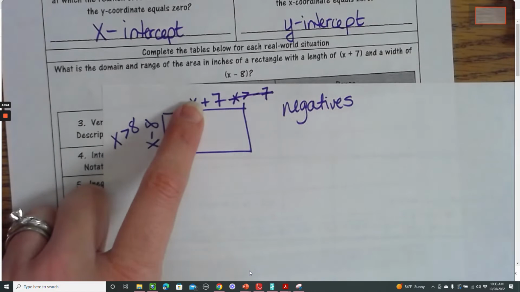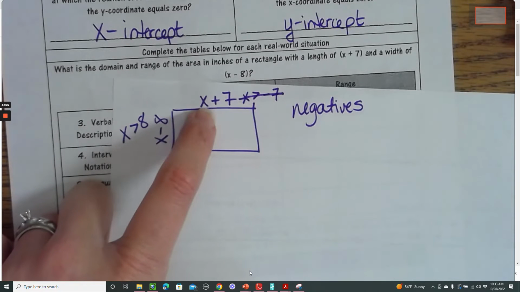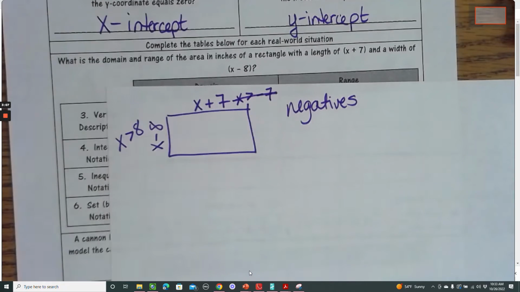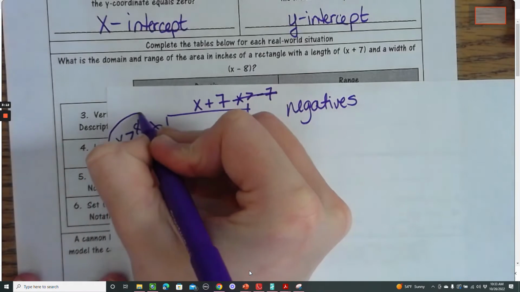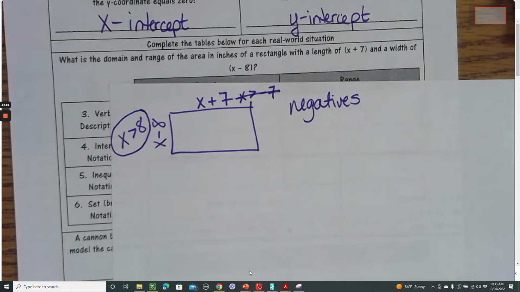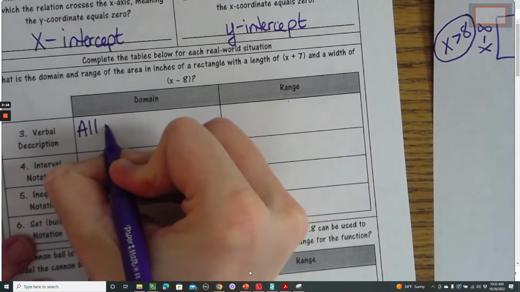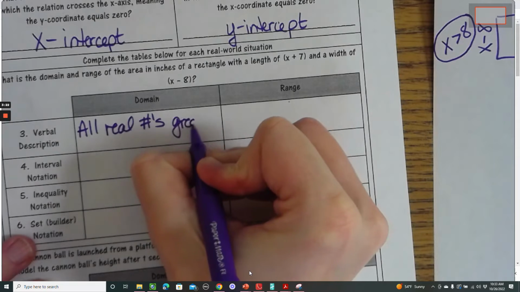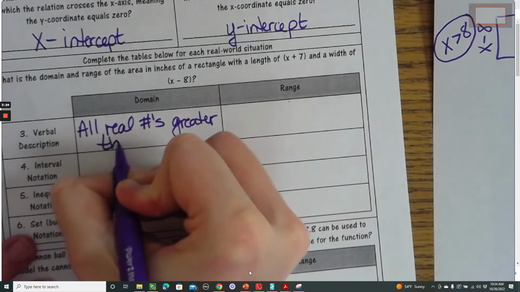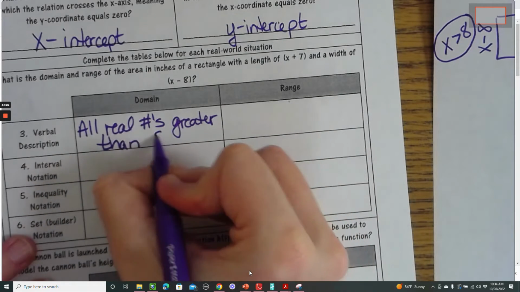Can I plug an 8 in here and this still be a valid side length? 8 plus 7 gives me a positive number. So then that's my valid domain. So all real numbers greater than 8.